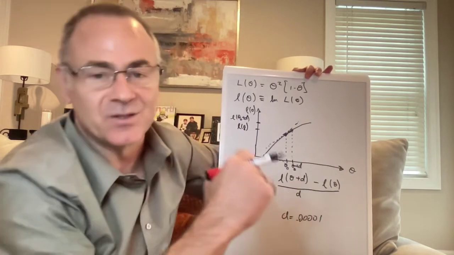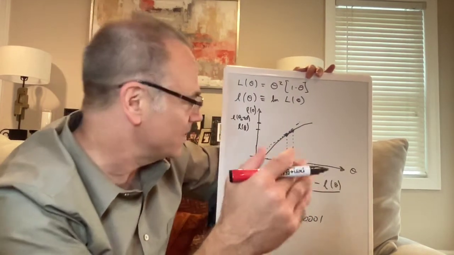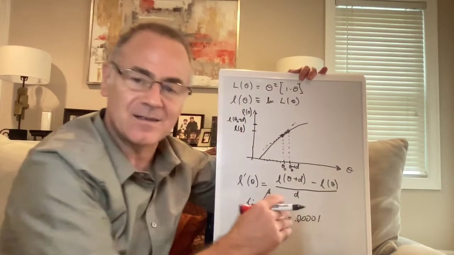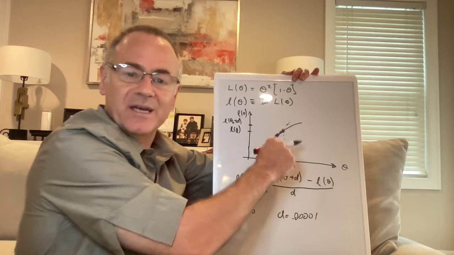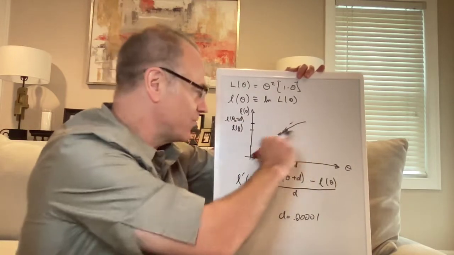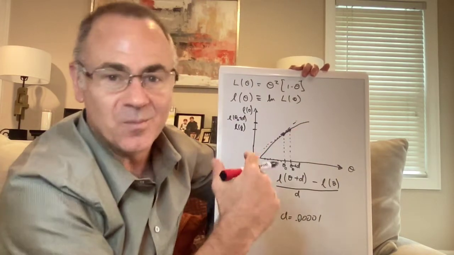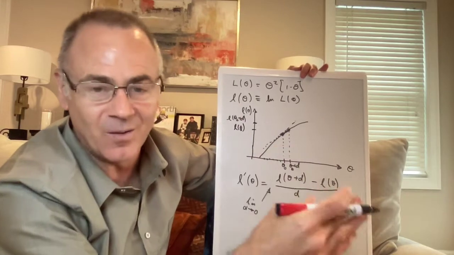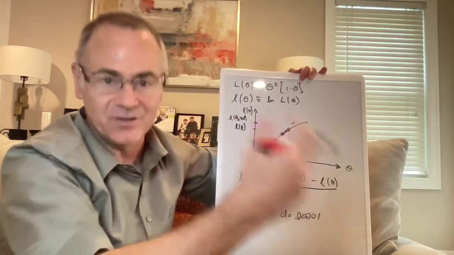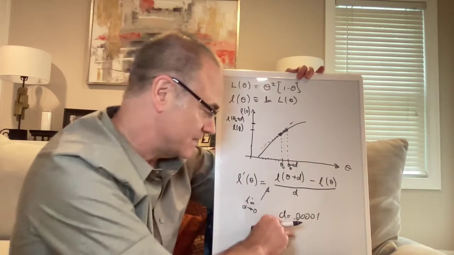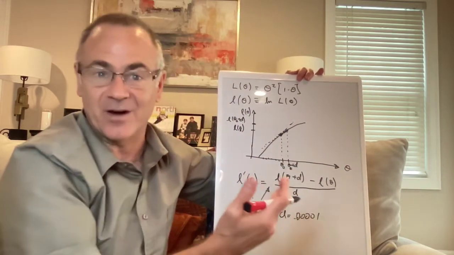So there's an art. You want d to be very small to be a good approximation of the true derivative. But when you make d very small, the computer, using its binary representation, is not representing that d very well.